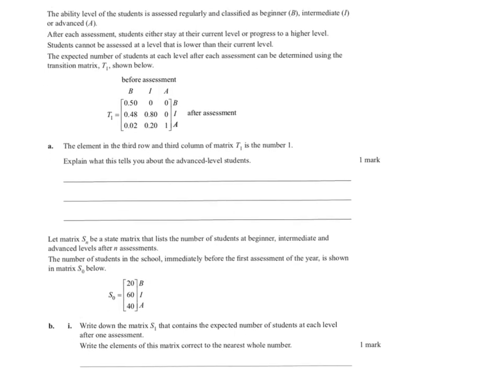All right, so A, the element in the third row of the third column of matrix T is the number 1. Explain what this tells you about the advanced level students. So this 1 here, what it's saying is if a student was in the advanced level before the assessment, it means they're going to stay in that advanced level.